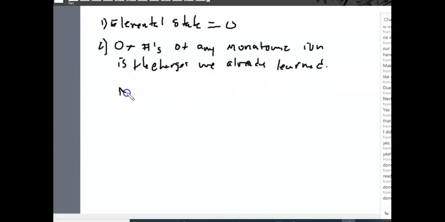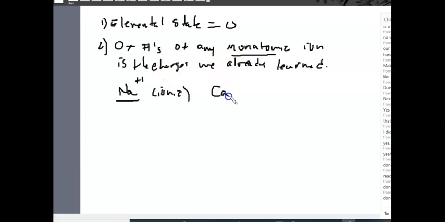If I have a sodium ion, so monatomic, remember, means only one atom in the ion. What charge does sodium always form? It always forms a +1 charge. So sodium always has an oxidation number of +1 in the ionic form, if it's ionic. Okay? So the oxidation numbers of any monatomic ion is the charge that we've already learned.